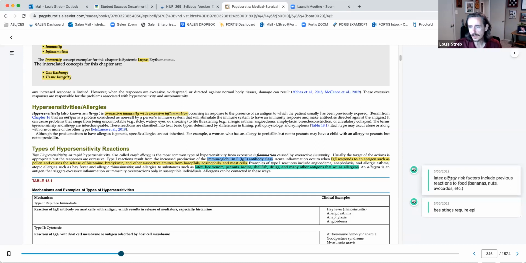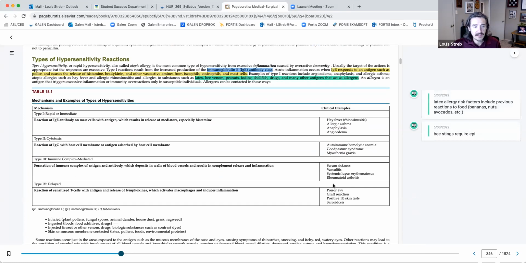So it's important to understand that people who have latex allergies have risk factors that include having previous reactions to foods like bananas, nuts, and avocados. So understanding that certain things in the world can just elicit this hypersensitivity effect lets us understand we don't have to know why it occurs. We just know that sometimes your body starts releasing these immunoglobulins, and sometimes your body overreacts to things that other people don't react to. That's it.